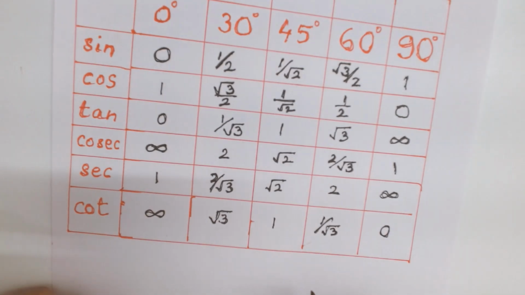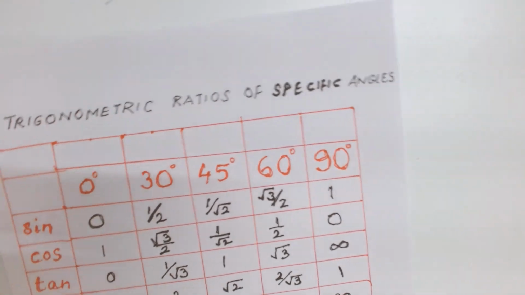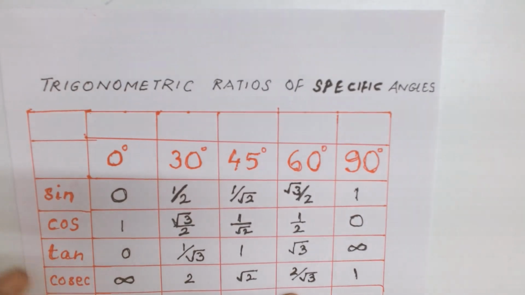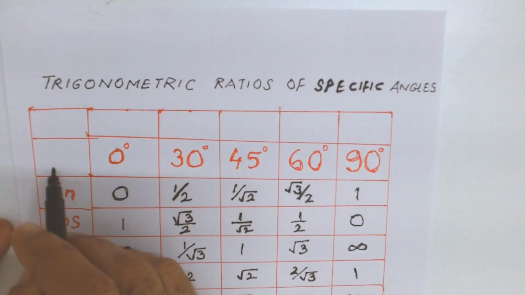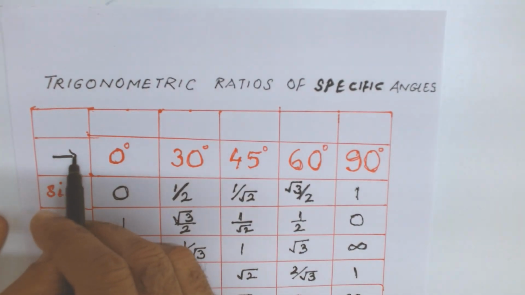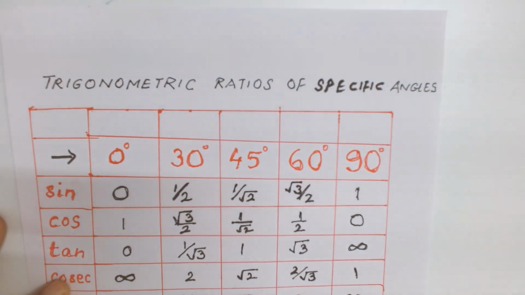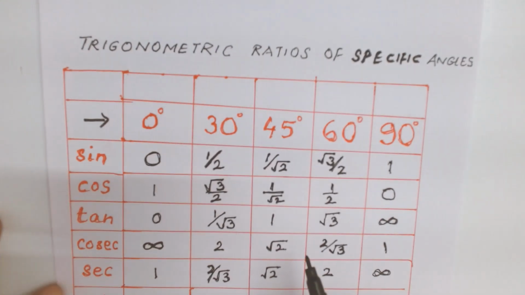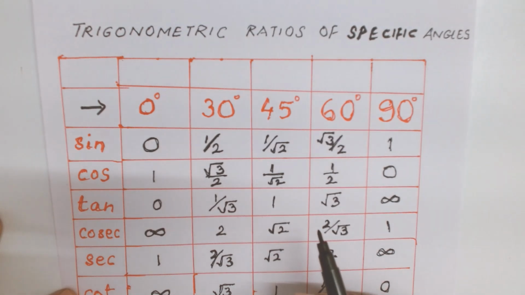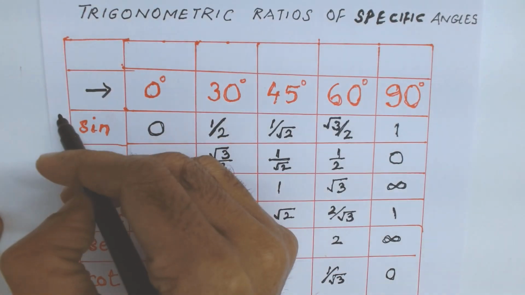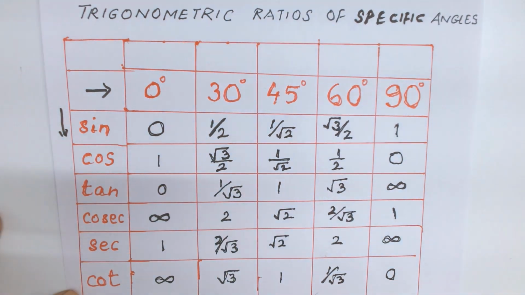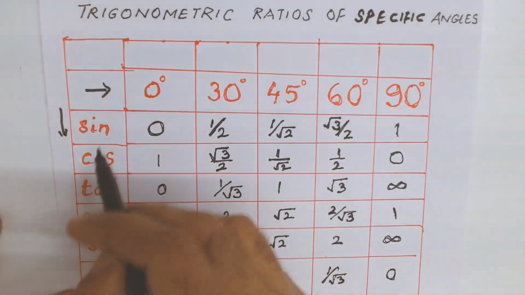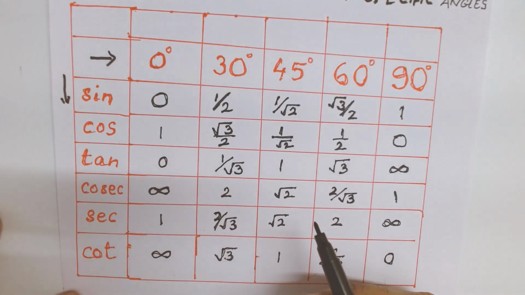So you see these are the trigonometric ratios of specific angles, and the values of the T ratios are what we see in this table.